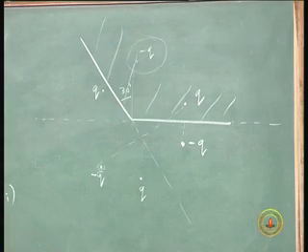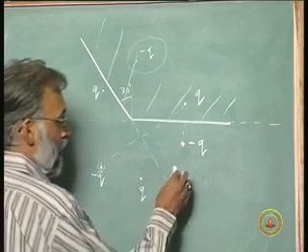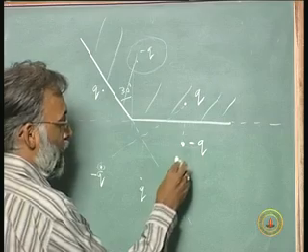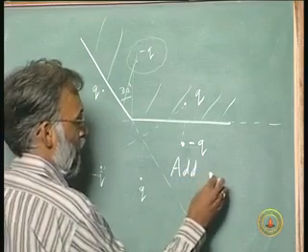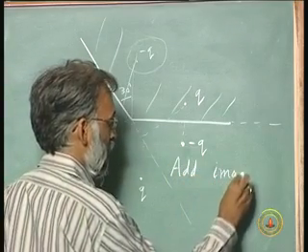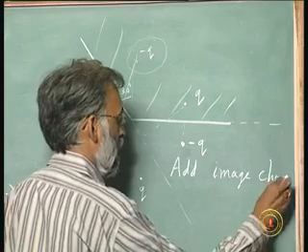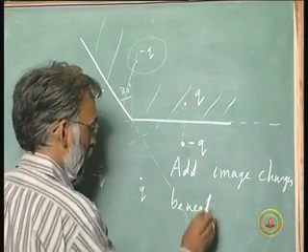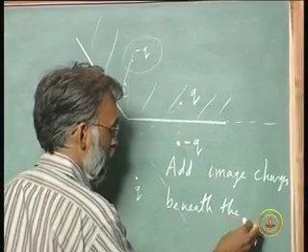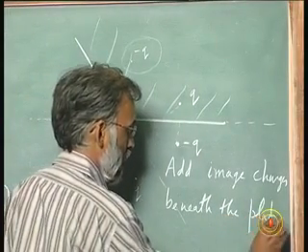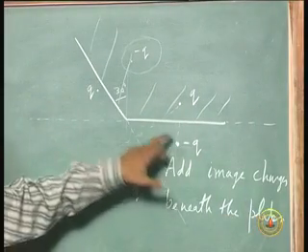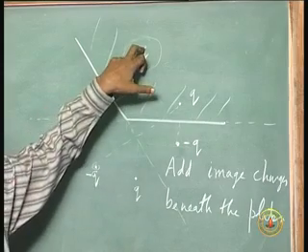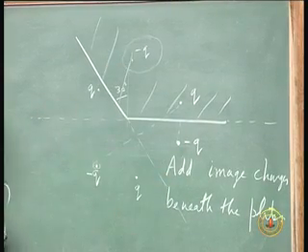Method of images is based on the idea that we can add image charges beneath the plates, and if the image of an image ends up being above the plate, then this method automatically fails.